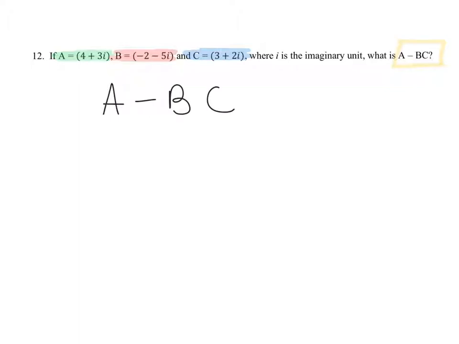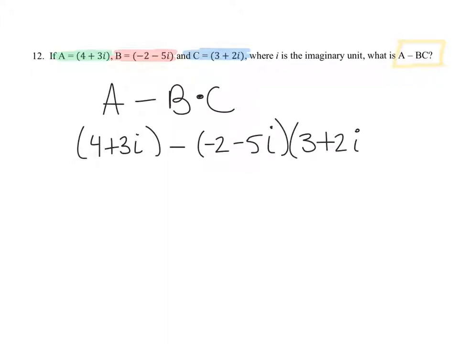They want you to have A minus the product of B and C. So I'm going to write A, 4 plus 3i, minus B, negative 2 minus 5i, and 3 plus 2i is C. So everything's in its place right now. So I have A here, B here, and C here.